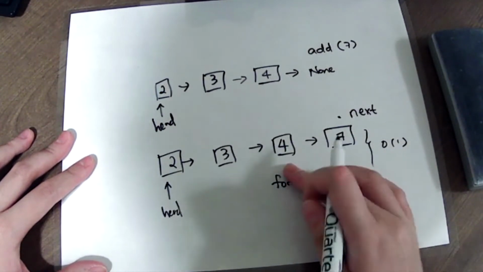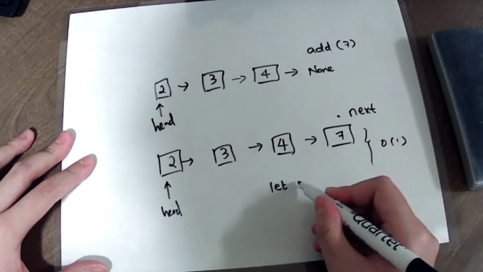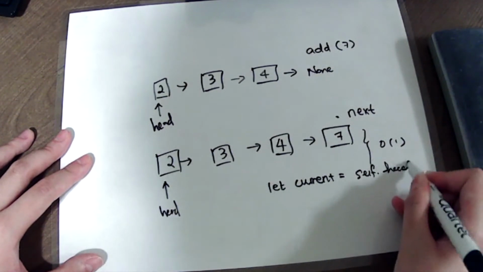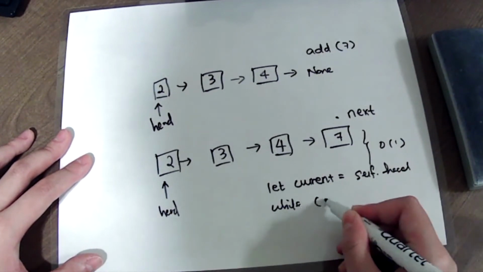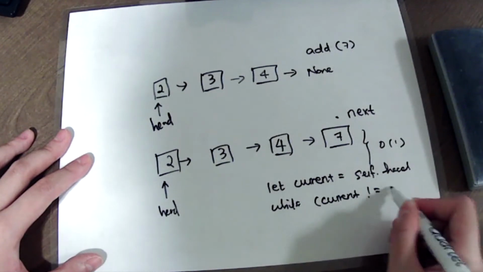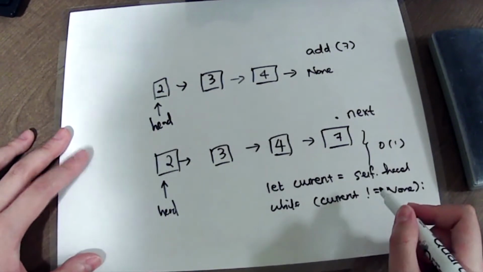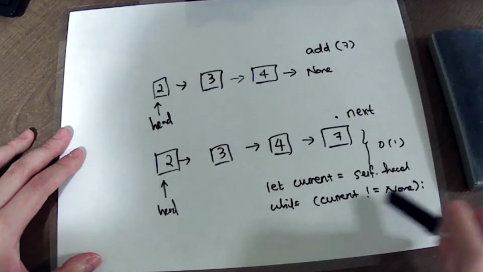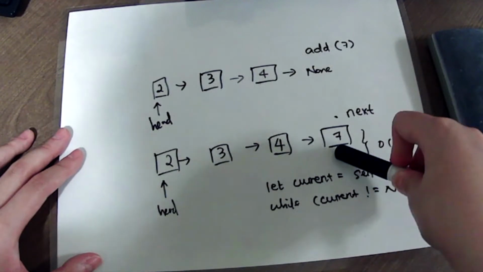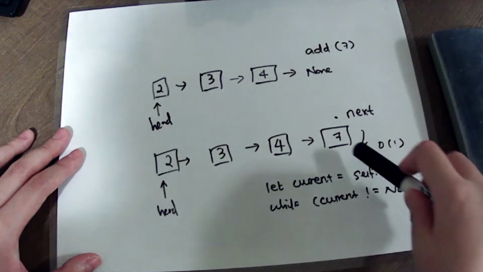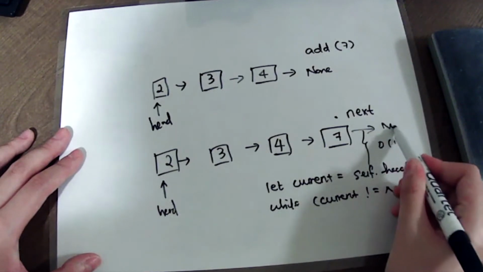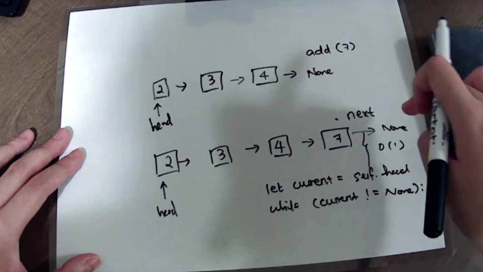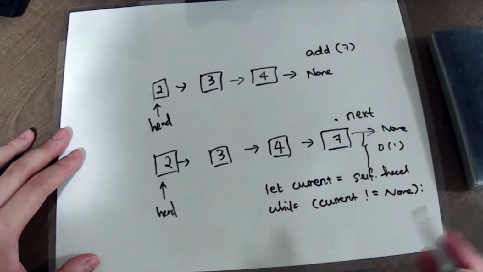Let's say I have current equals self.head, and I have while current is not equal to None. Let's say my current is this 4 and current is not None, right? Then I'm pointing to 7, and current is not None, right? However, if I go after 7, 7.next is None. So I'm pointing here and that is None, so we're not iterating anymore.